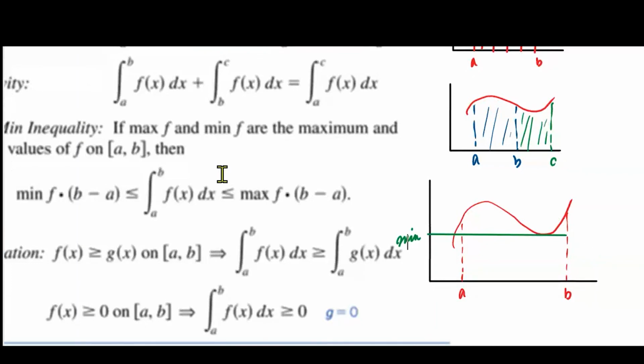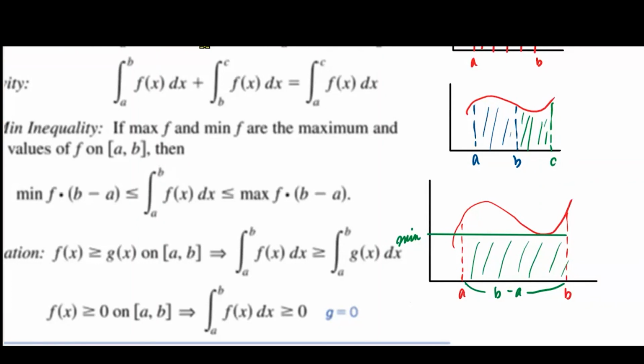So when I say the integral, that's area, this entire area, but when I say minimum, which is this high, times b minus a, and b minus a is this long, isn't it? So we are talking about this green area. So this green area, of course, is smaller than the integral area by that much and that much. How about that? That makes sense to you?